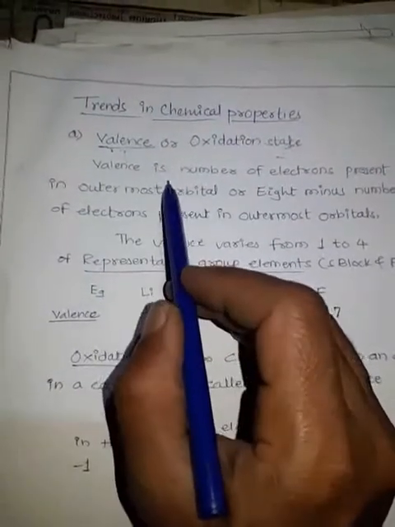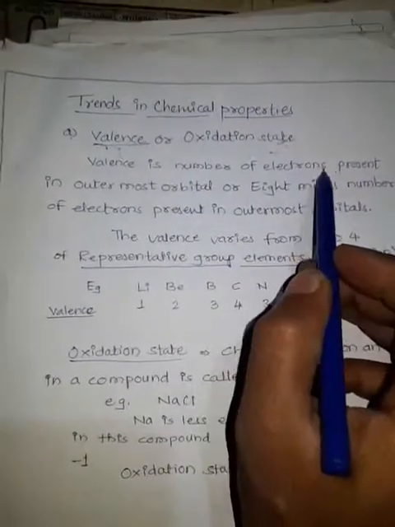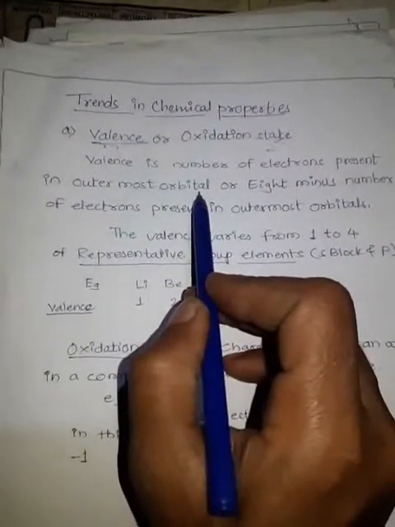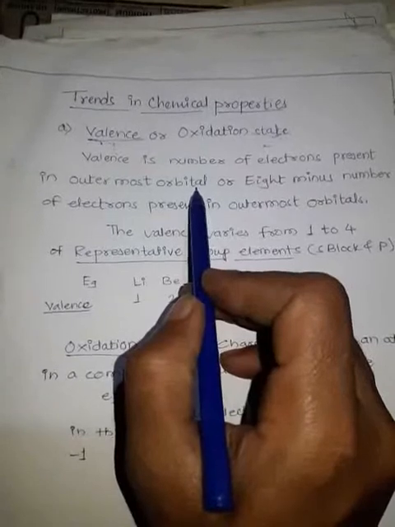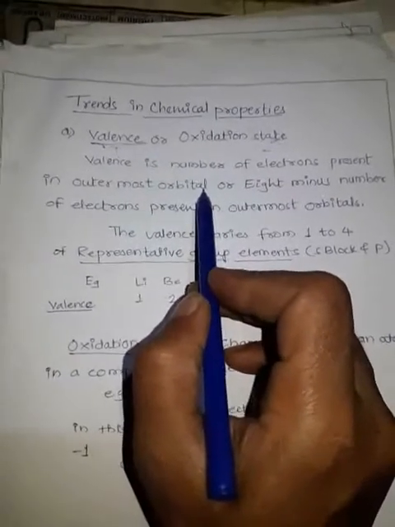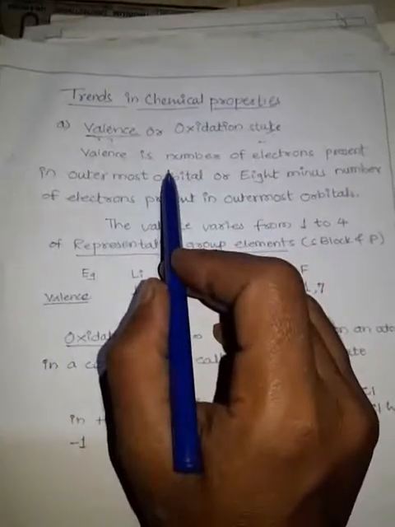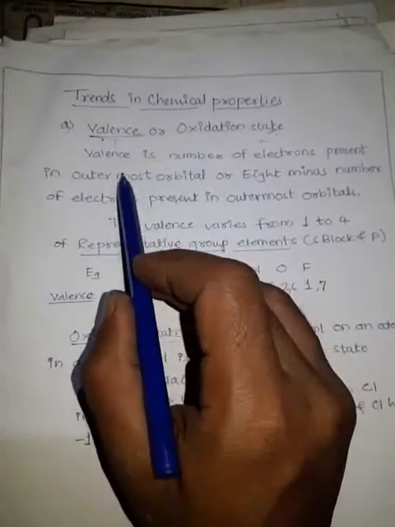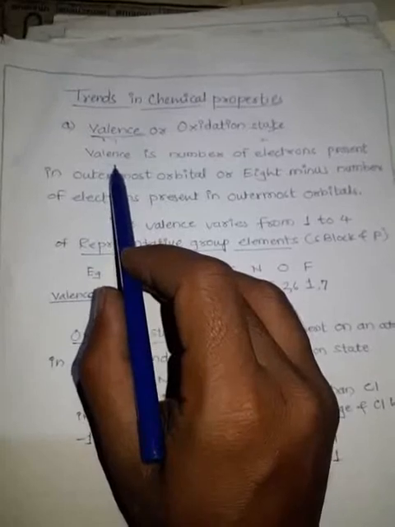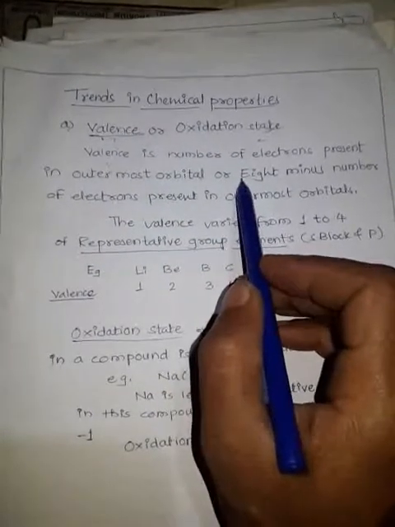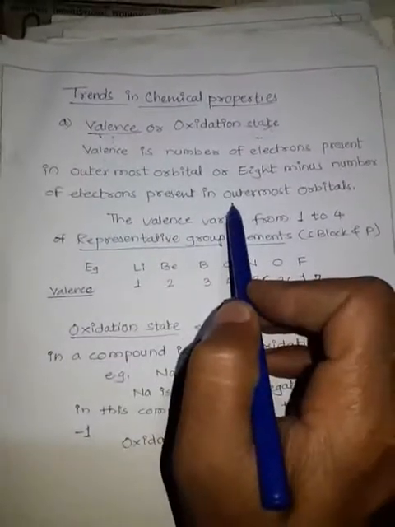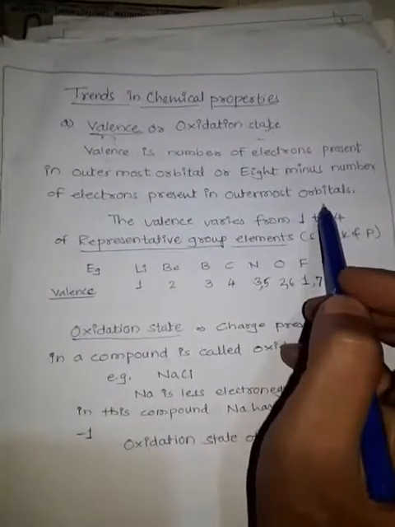Valency is the number of electrons present in the outermost orbital. Whatever the number of electrons present in the outermost orbital, that number is equal to the valency of the element, or we can say, 8 minus the number of electrons present in the outermost orbital.